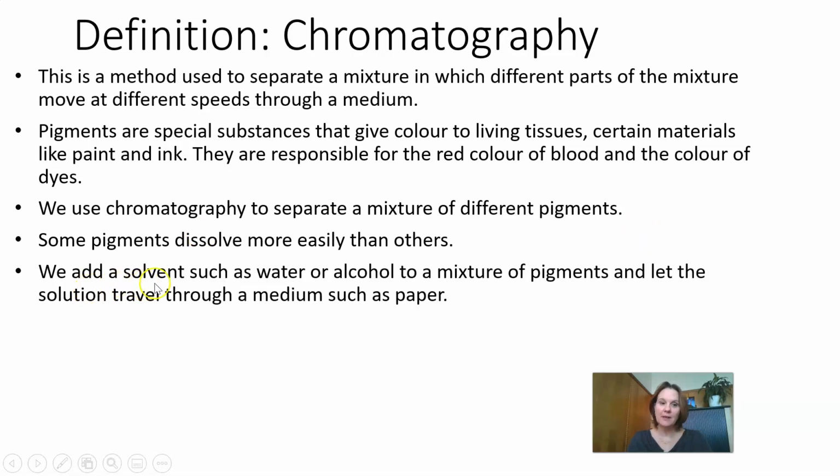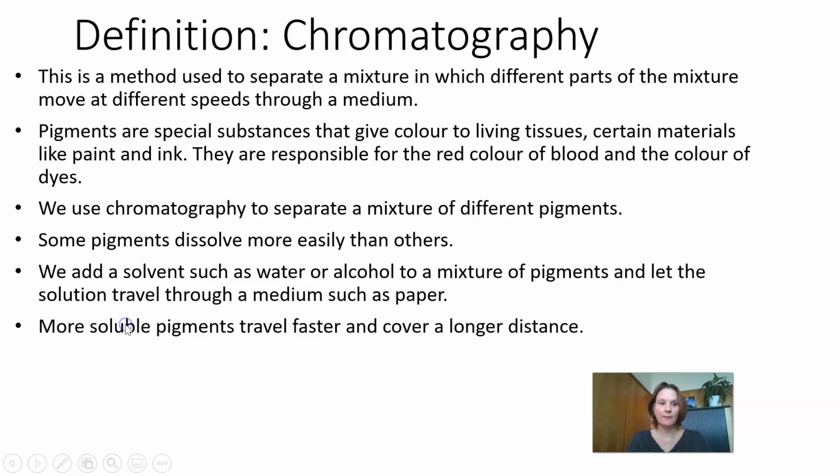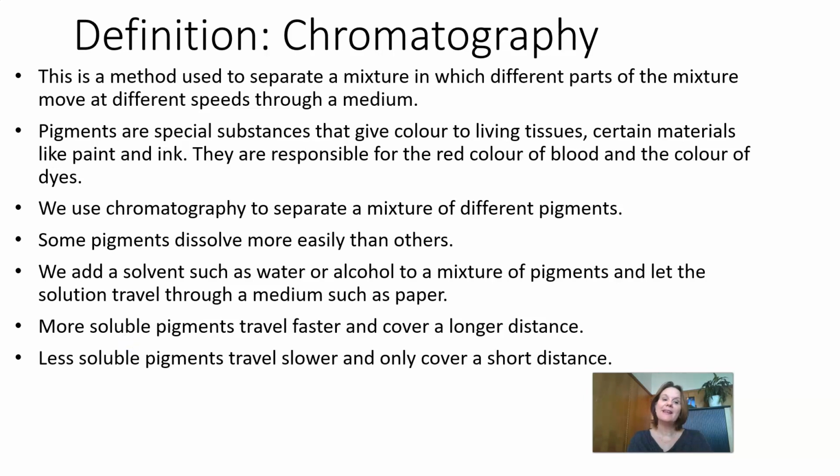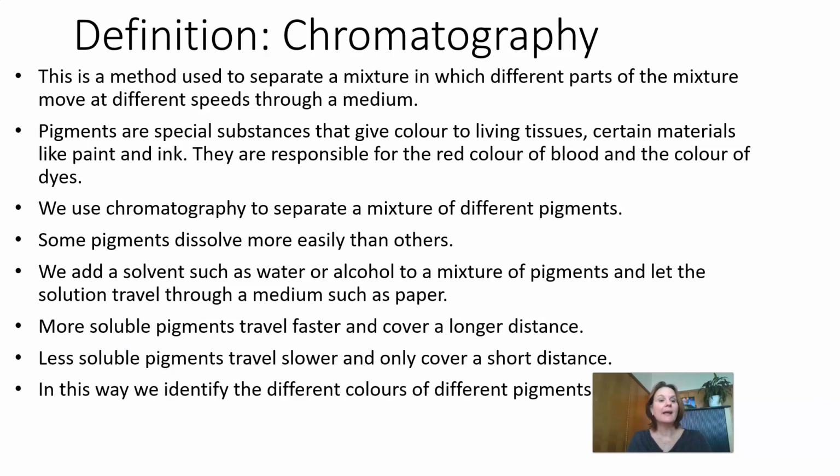We add a solvent, such as water or alcohol, to a mixture of pigments, and we let the solution travel through a medium, such as paper. The more soluble pigments travel faster and cover a longer distance. Okay, this is where the science is coming in. The less soluble pigments, in other words, the pigments that don't dissolve as easily, travel slower and only cover a short distance. In this way, we identify the different colors of the different pigments.